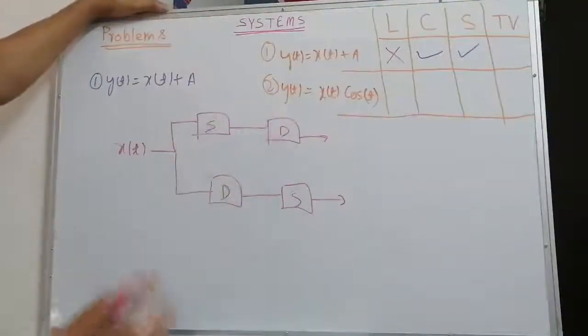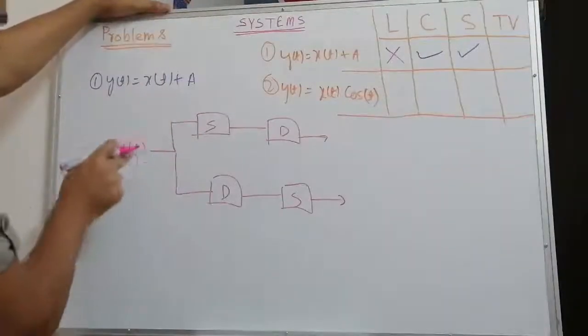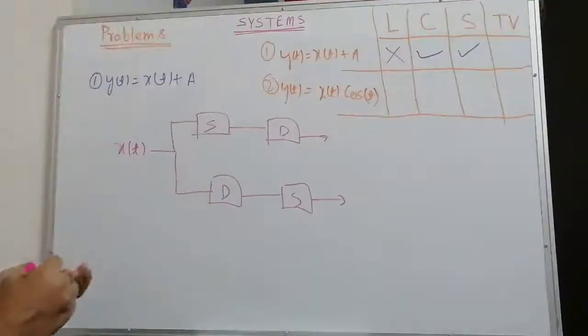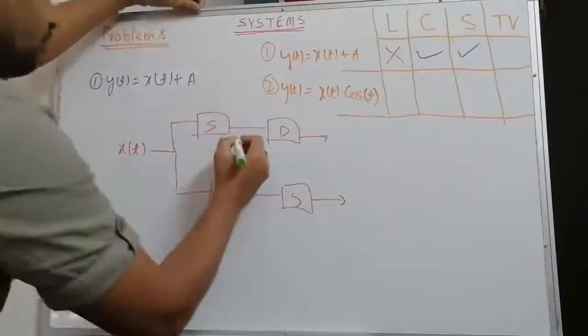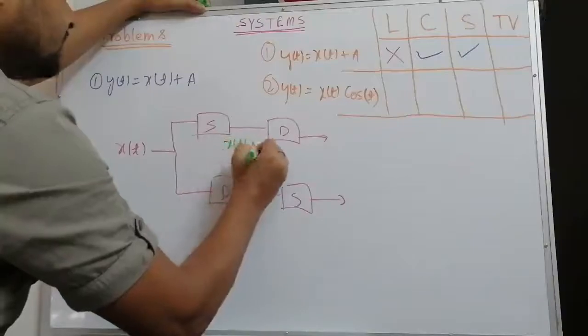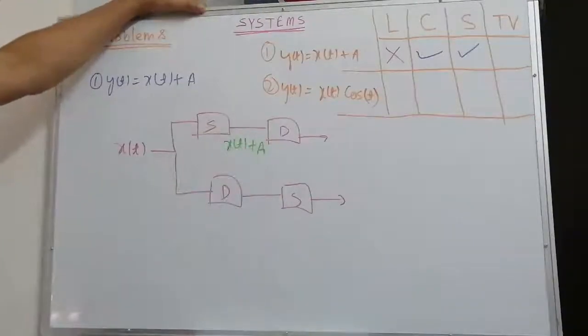You can interchange these branches, no need to worry. If x of t is the input, the system is just adding a constant a, so the system output will be x of t plus a.